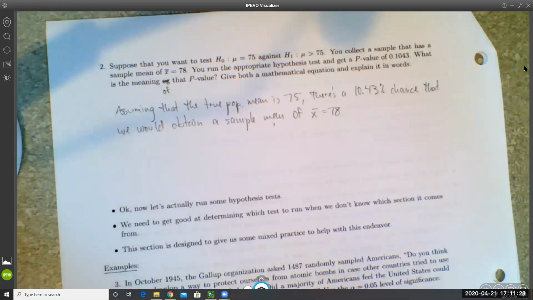Right? So assuming that the true population mean is 75, there's a 10.43% chance that we would obtain a sample mean of 78.